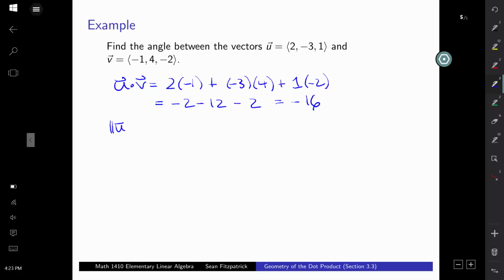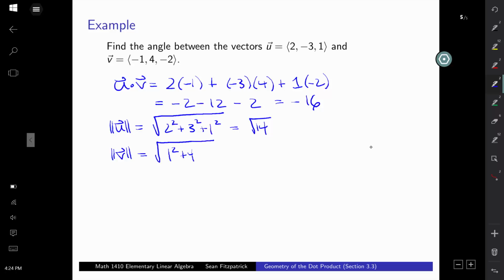The magnitude of u, we get the square root of 2 squared plus 3 squared plus 1 squared. That's the square root of 14. The magnitude of v, we get the square root of 1 squared plus 4 squared plus 2 squared.